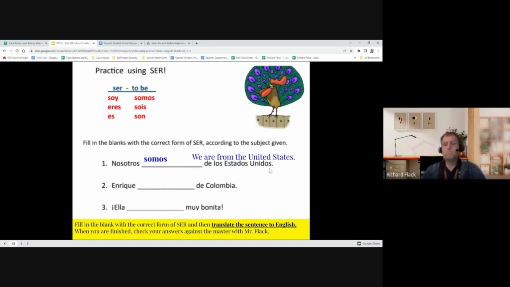So now going back to your packet, after your handout here, we have two pages of practice. Here's the first one, looks just like on the screen. It says practice using ser. You're going to fill in the blank with the correct form of ser and translate the sentence to English.